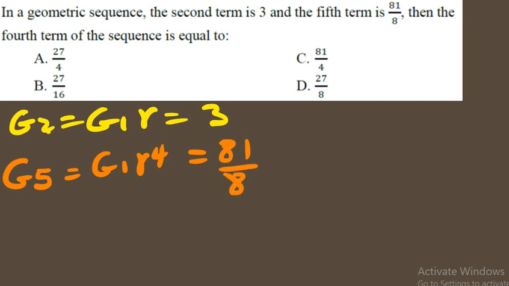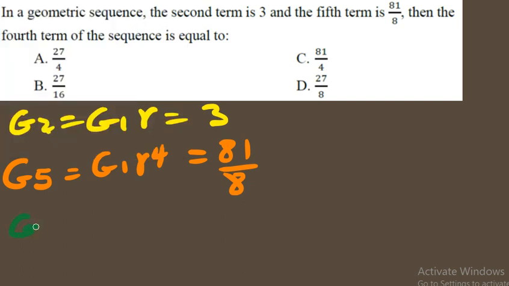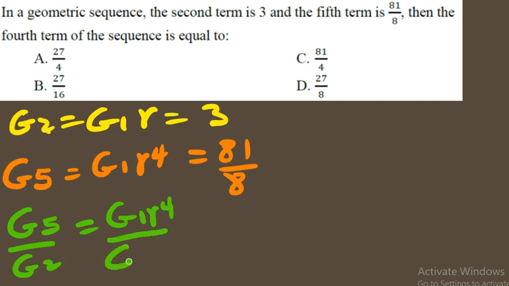So at this time, you can divide the fifth by the second. How can we do it? G5 over G2 is the same as G1 R to the power of 4 over G1 R to the power of 1, just R. You can cancel G1, R also cancels, and R cube remains.